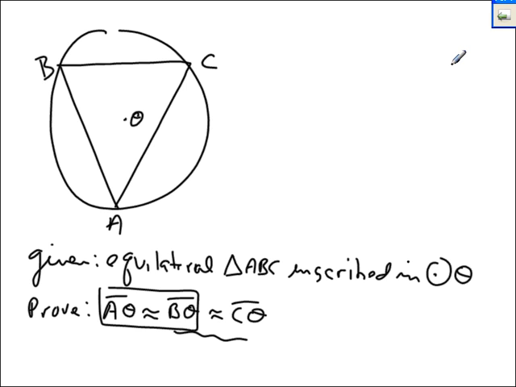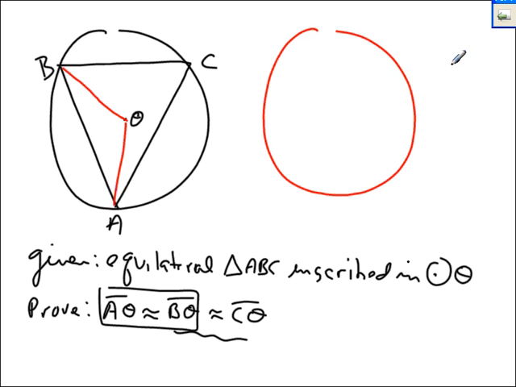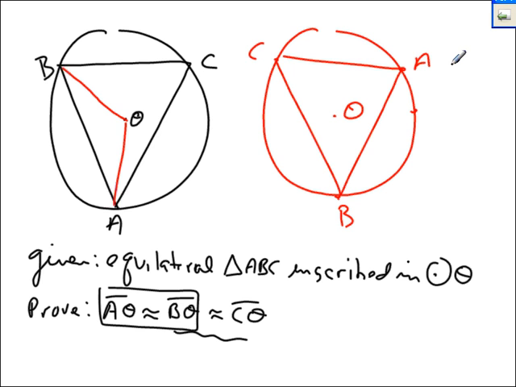In other words, if I somehow show that AO and BO were the same length, well, if I rotate this configuration, and now I have B here, and A here, and C over here, same center O, then from what I just did, I showed that BO and AO are the same.